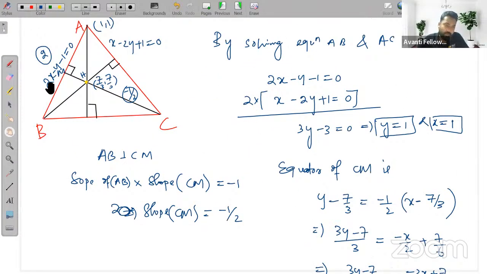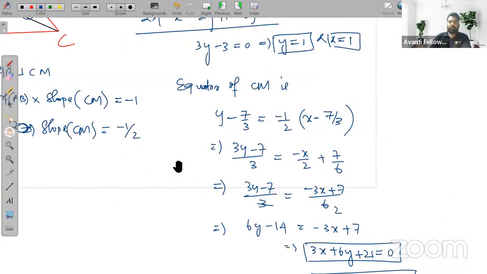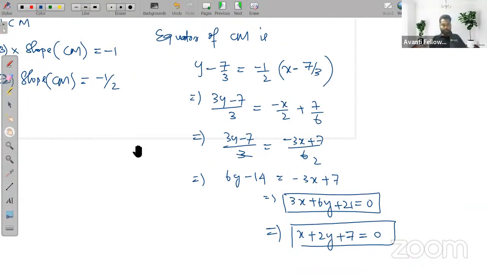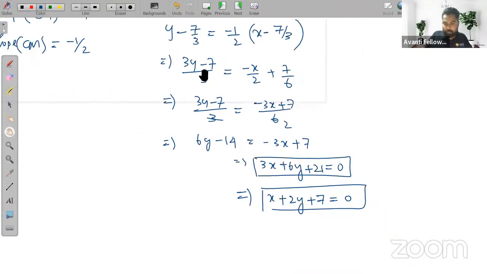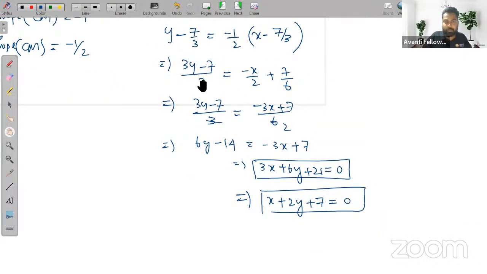For 2x minus y minus 1, the slope is minus a upon b, that is 2 upon 1, so the slope of AB is 2, and that of CM is -1/2. Correct. So y minus 7/3 becomes minus x by 2 plus 7/6.